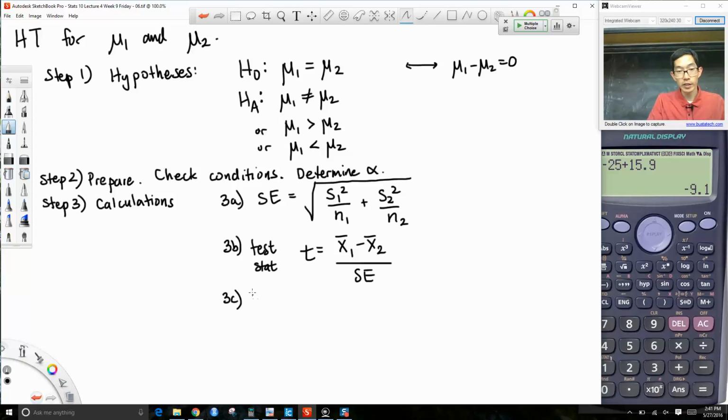And then lastly, we would look up t in the table to get a p-value. Is that good? Okay, and then once you get your p-value, you make your conclusion.